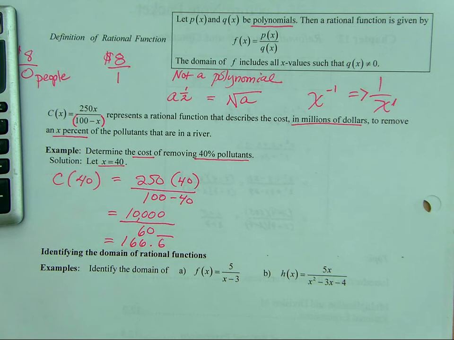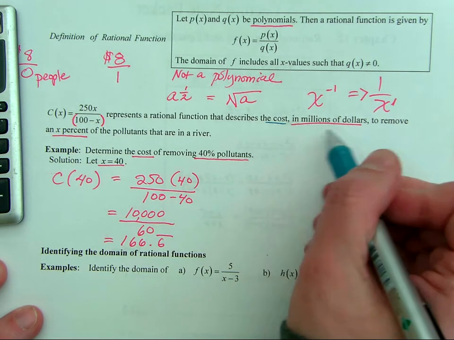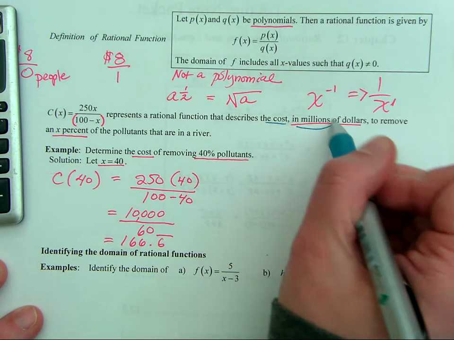Is it going to cost me just $166 to take out 40% of all the pollutants from the river? What do you think? Somebody give me a sentence answer. How much is it going to cost? Oh, because we see that the cost was in millions. So you referred back to the problem.